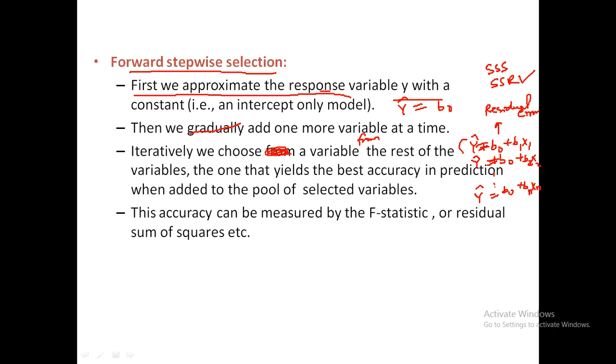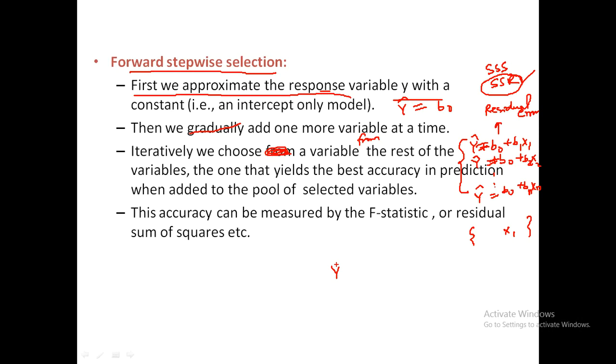So at the first iteration step we have added one variable separately, and we constructed n number of models. From each model we shall find out the residual error, whichever will give the least amount of error, that particular xi we shall keep. So xi we shall keep in our selected variable, remaining we shall discard.